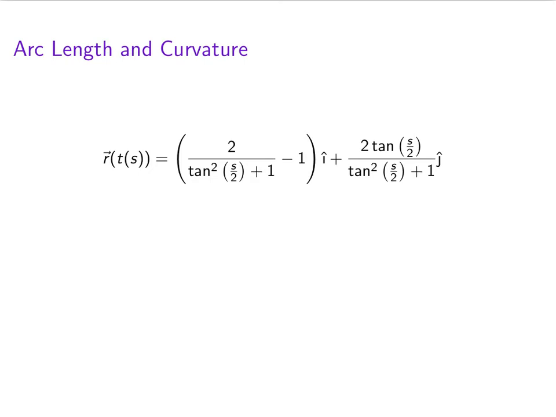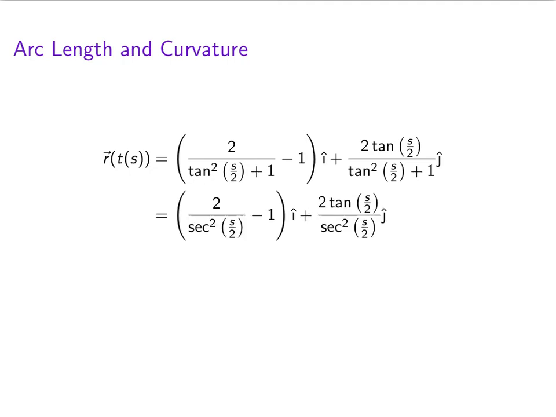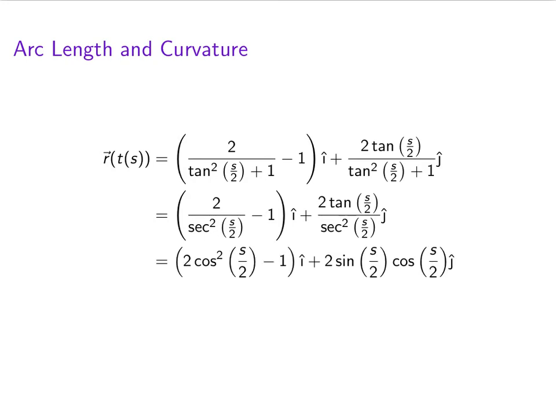Now we're going to do some trigonometry to try to simplify this, basically using some trig identities. For example, tangent squared of s over 2 plus 1 turns into secant squared of s over 2. More simplification, the i component turns into 2 cosine squared of s over 2 minus 1.